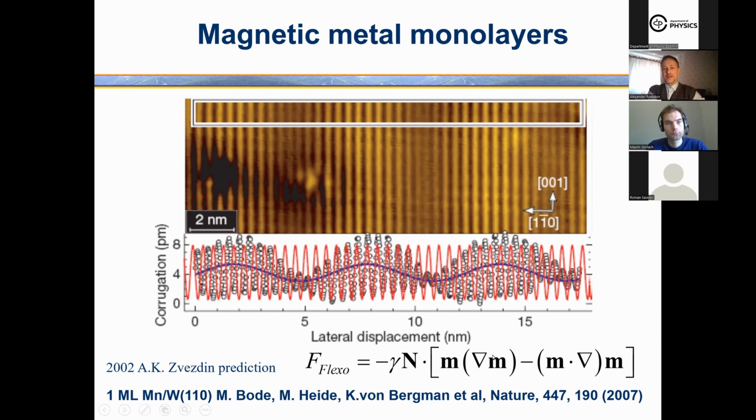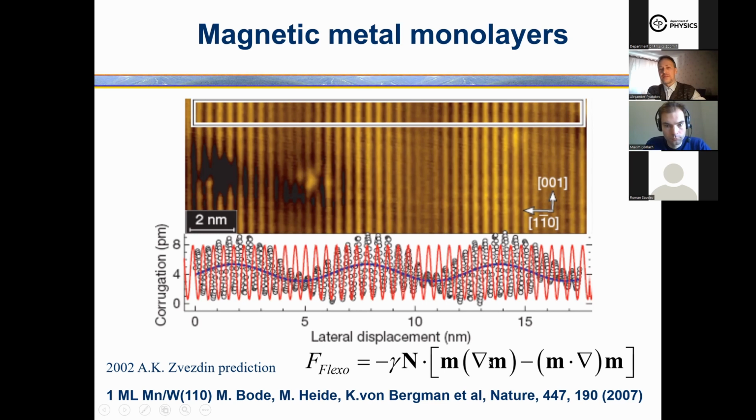And the formalism is just the same as for the multiferroic flexoelectricity term. It's again a polar vector. In this case, it's a normal to the surface. And again, the spin cycloid term here.